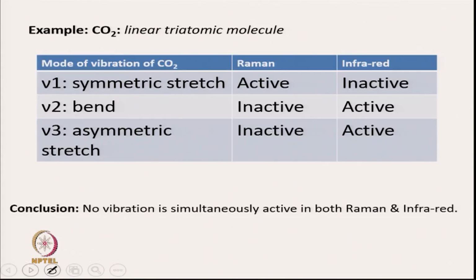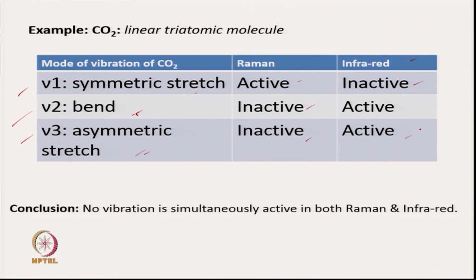So, for the CO2 molecule we have looked at 3 different vibration modes: symmetrical stretching, bending and asymmetrical stretching. The first one is Raman active, but it is infrared inactive, whereas bending and asymmetric stretching are inactive modes in Raman spectroscopy, whereas they are infrared active.